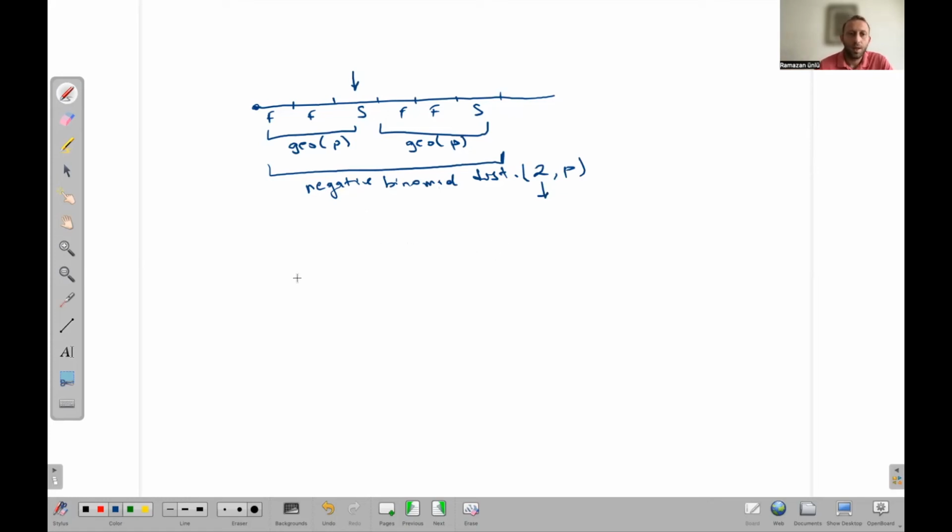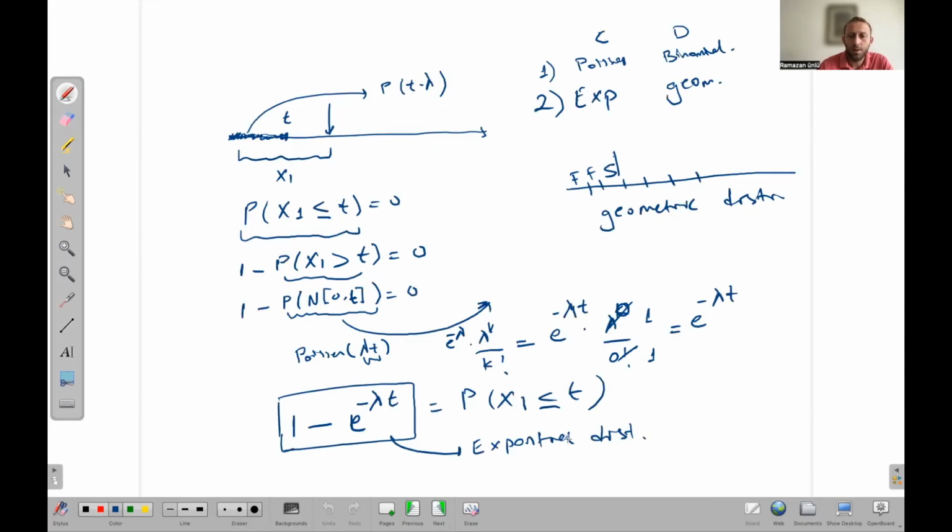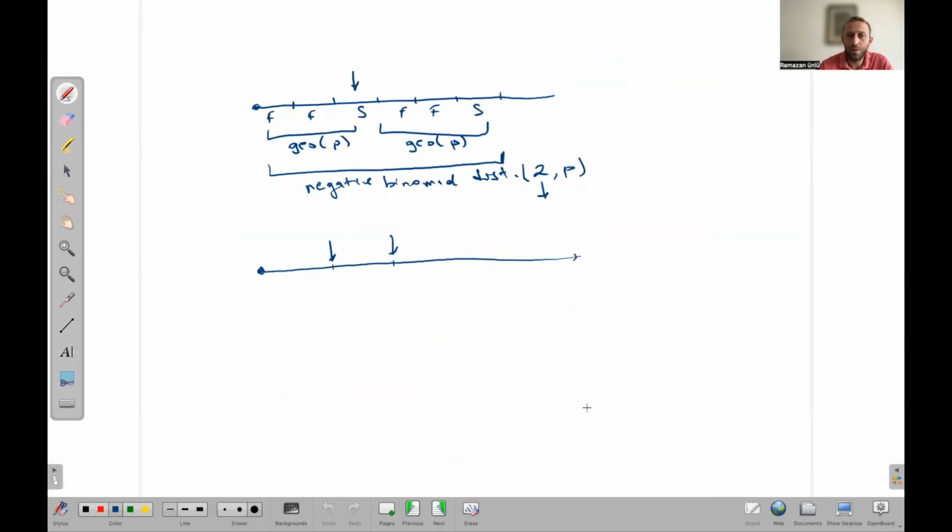Okay, if that is the continuous case, and we have a success at this point and this point, we just saw that the first success event or the first arrival is the exponential distribution with parameter lambda t, right?